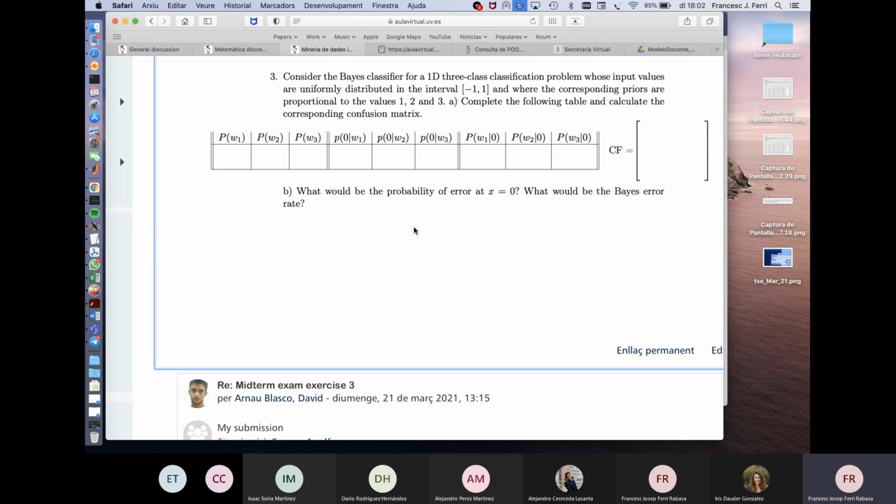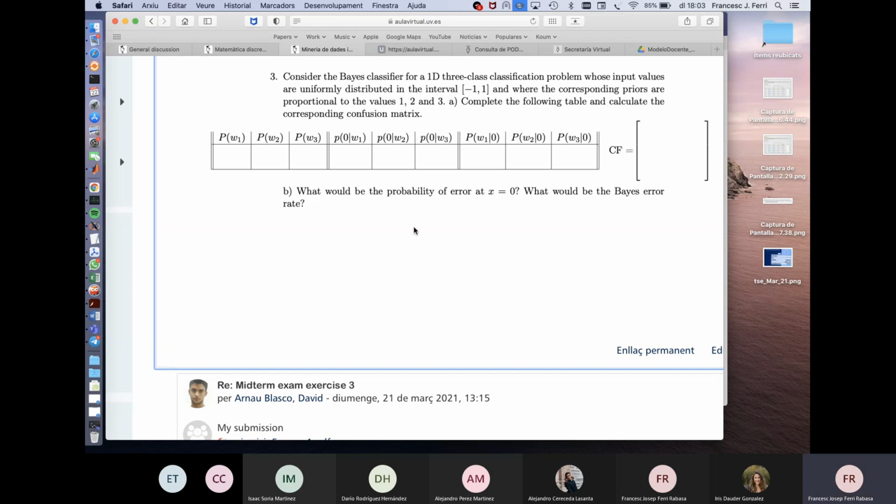And what would be the value of the probability of error at x equal to 0? This is not a good writing of the question. But you must understand this as the distribution of the errors in the space.